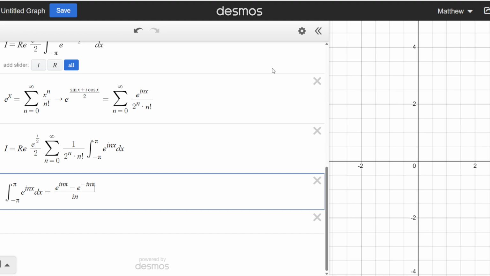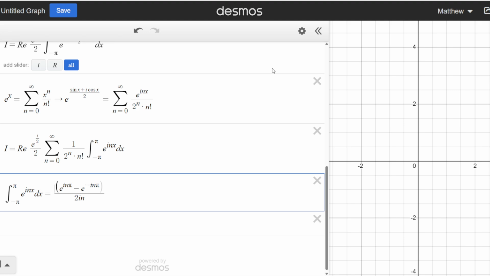And now look what we have. This almost looks like sine n pi. If we had a 2 here, we could multiply upstairs by 2. And let's actually bring it outside: 2 over 2 over n.